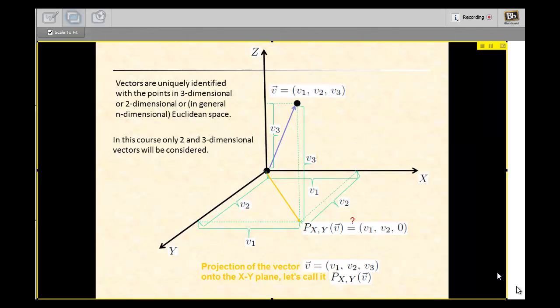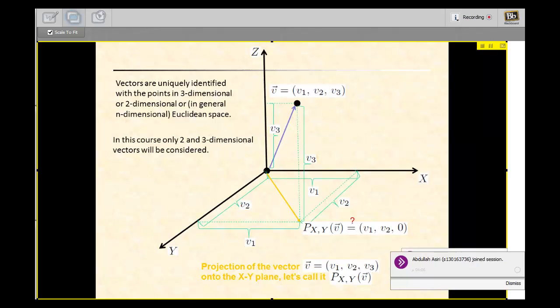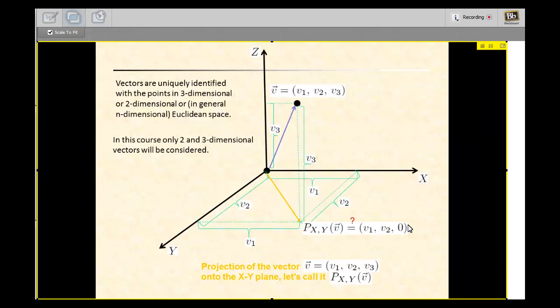For example, if we have a 3D image and we take a Xerox of this image, the Xerox will be in 2 dimensions. So if we take a photocopy of a vector in 3 dimensions, we get an image in 2 dimensions only. So the image will be v1, v2, and the third coordinate will be 0, because the image will always be in 2 dimensions. That's why pxy of v is equal to v1, v2, 0. That's called the projection.